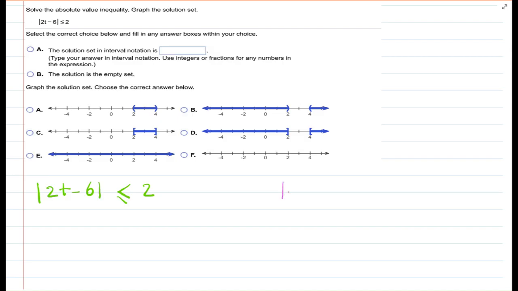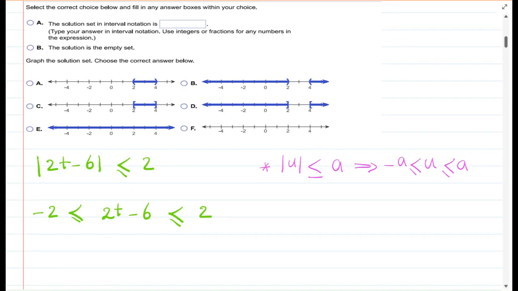If I have absolute value of u less than or equal to a, then I can conclude u is between negative a and positive a. In this case, we need to apply this rule. So, based on the rule, I know that 2 times t minus 6 is between positive 2 and negative 2.